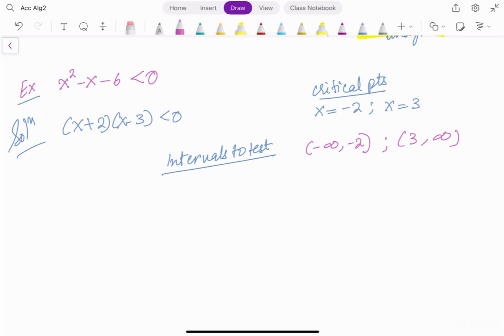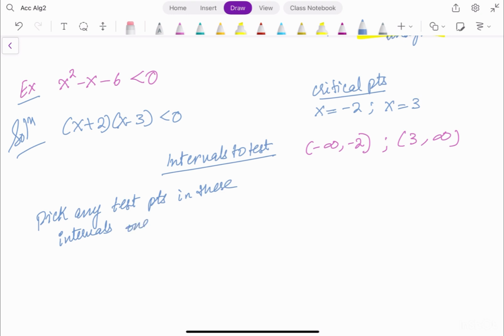Why is everything open? With infinity, the interval will always be open. But negative 2 and 3 are open because we have the inequality as only less than. There is no inclusion. After this, our fourth step will be to pick any test point in these intervals.